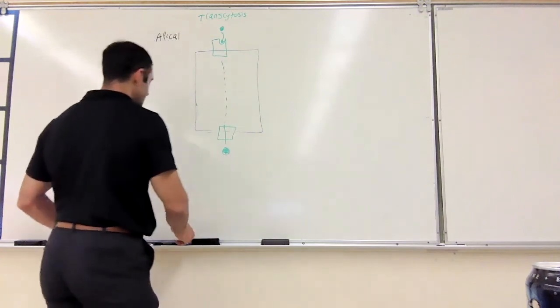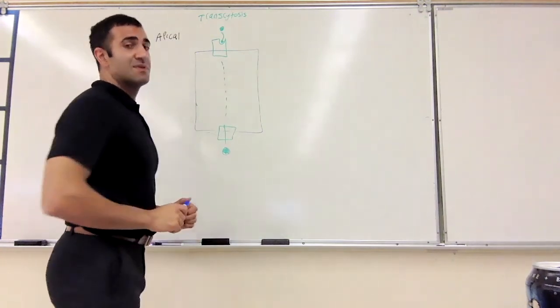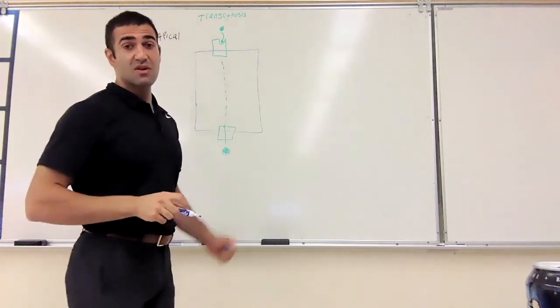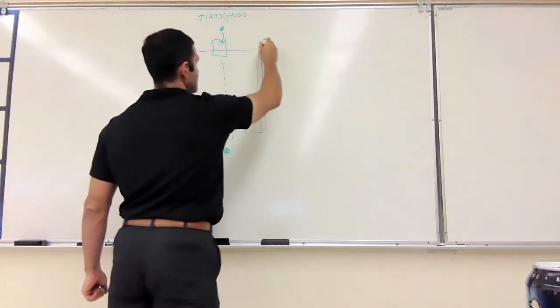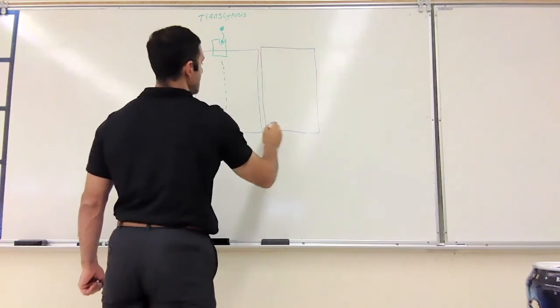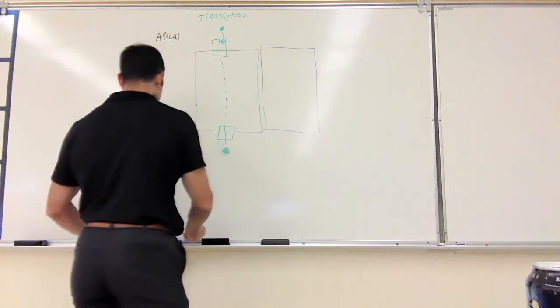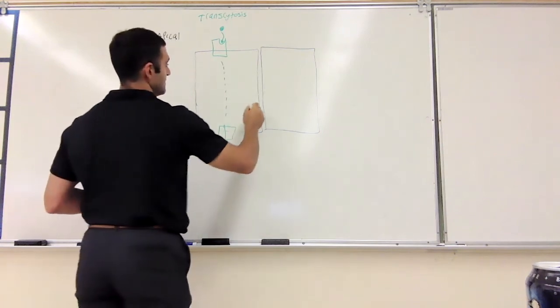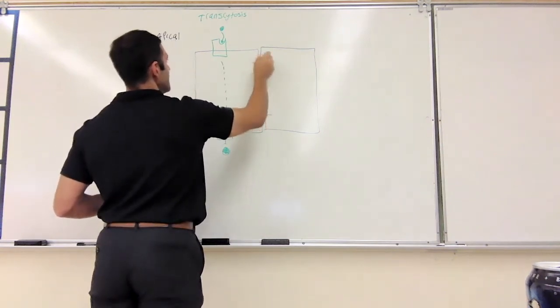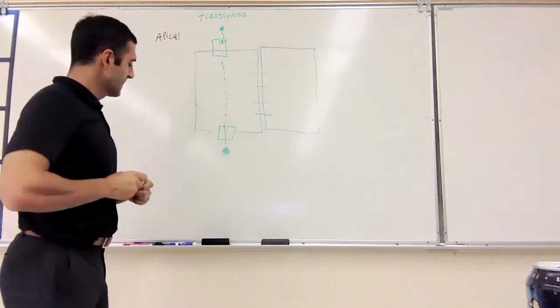Now, we know that the epithelial cells are connected through something called a tight junction. What tight junctions do is that they're kind of like staples that keep cells together to form a tissue. Sometimes, though, these tight junctions aren't completely tight. Sometimes they leave a little bit of space between them.